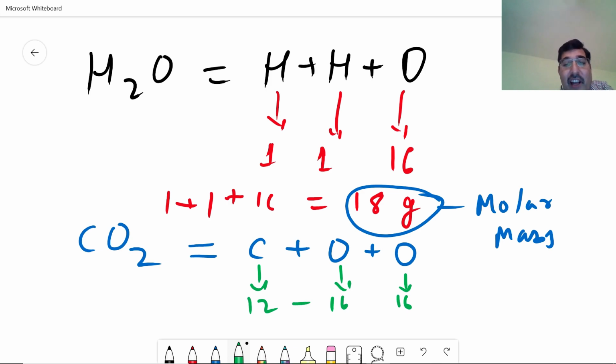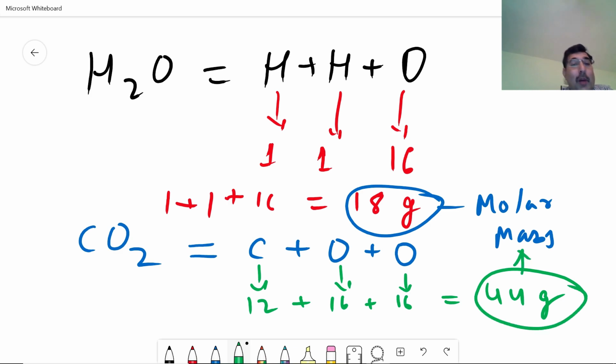If we add them together, that will be 44 gram. As soon as we add gram to the relative atomic masses of a molecule or compound, it becomes molar mass. So the molar mass of carbon dioxide is 44 gram and H2O is 18 gram. Similarly, we can look for other molecules also.